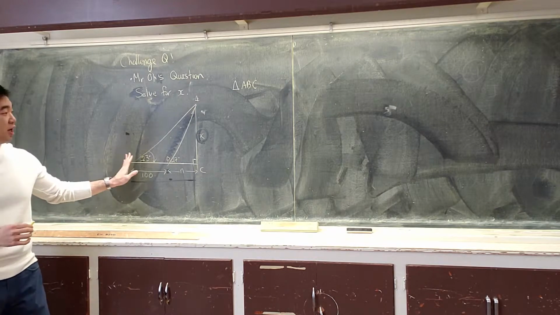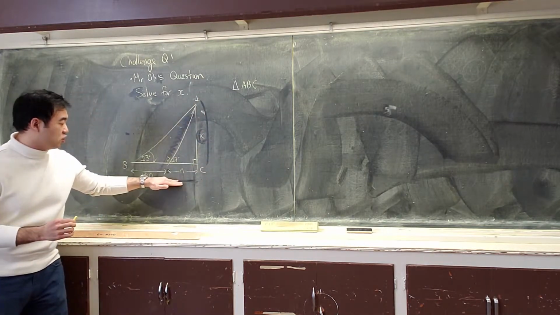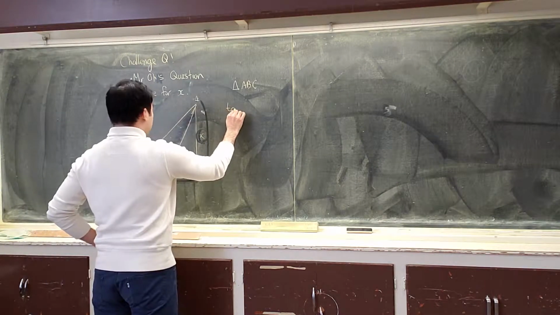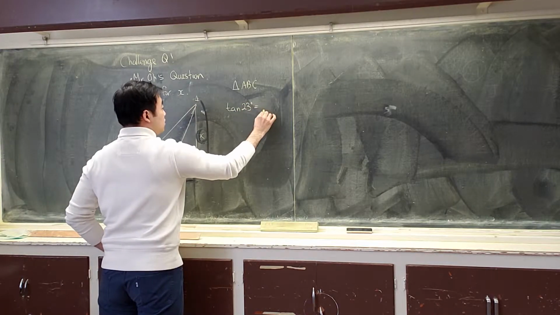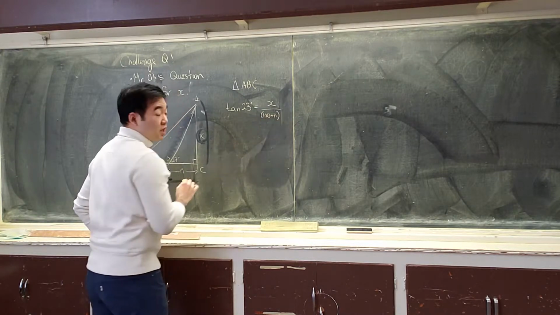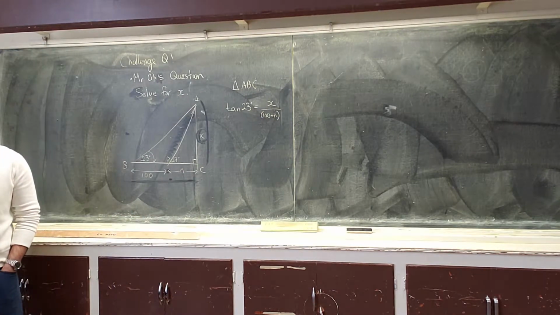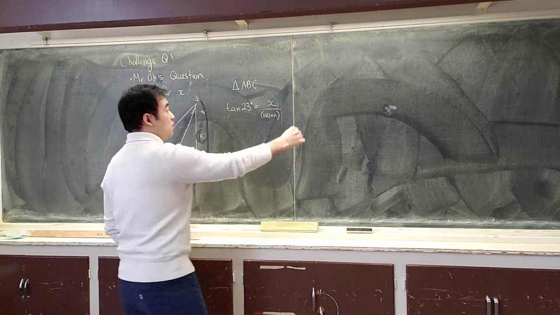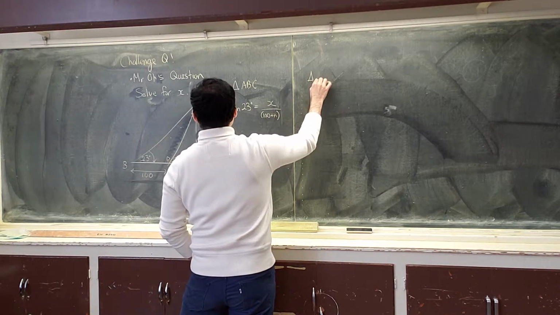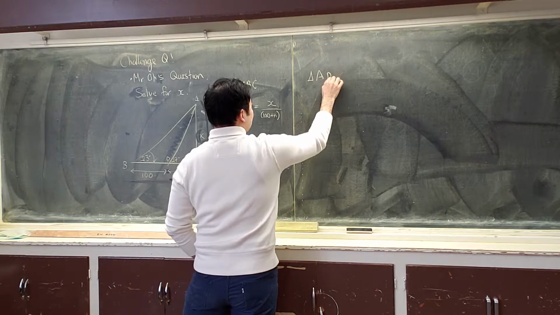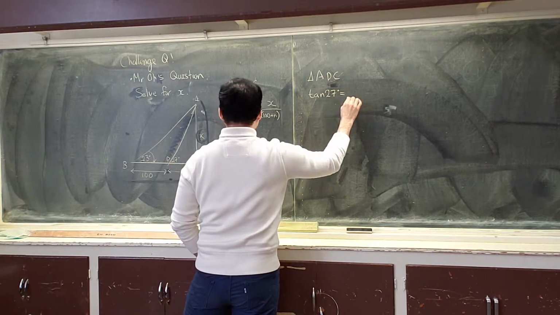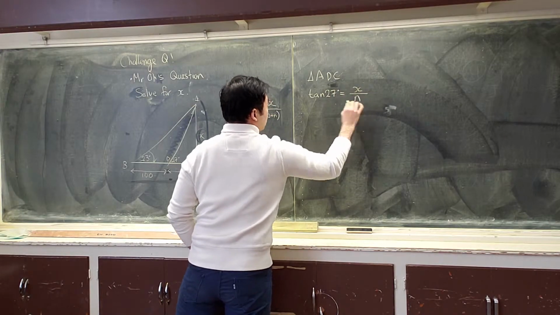For the larger triangle, I'm looking at this side, and I'm going to use the base. SOHCAHTOA, tangent. Right on. Tangent of 23 degrees is going to equal opposite over adjacent. And on the flip side, for triangle ADC, I will have tangent of 27 degrees, which equals a ratio of opposite over adjacent.